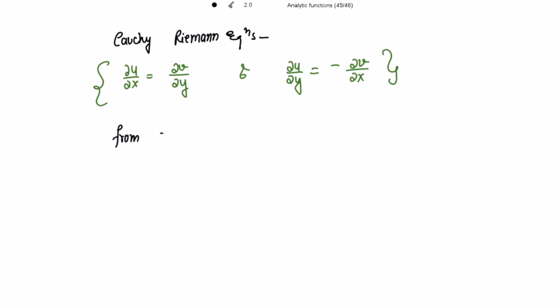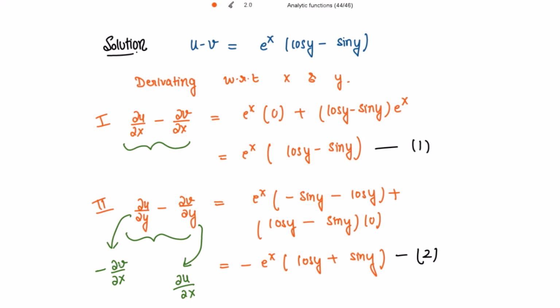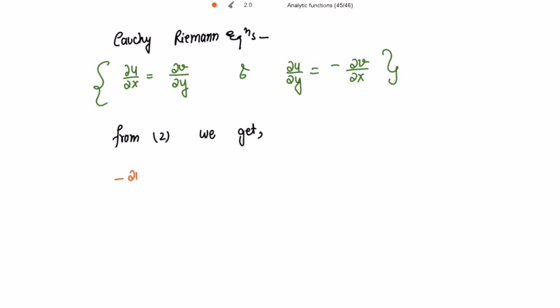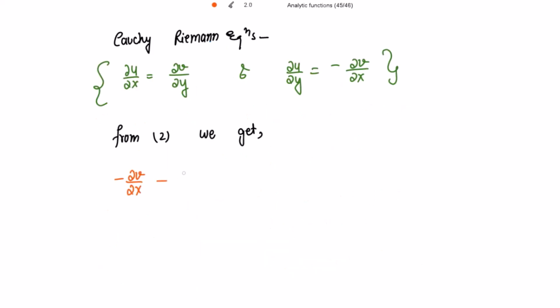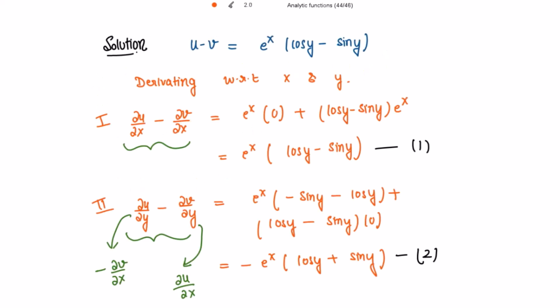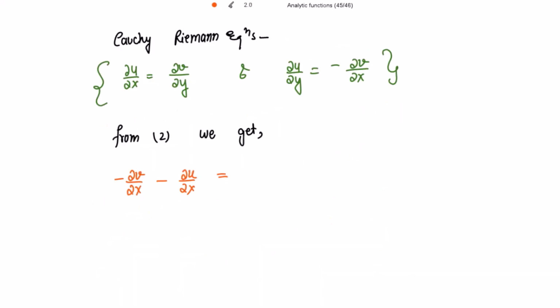From 2 we get, writing ∂u/∂y as -∂v/∂x and ∂v/∂y as ∂u/∂x, this is -∂u/∂x, that is equal to the right hand side, that is -e^x (cos y + sin y).